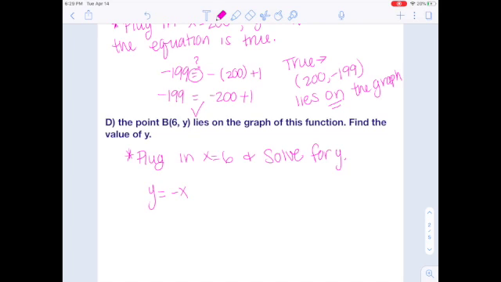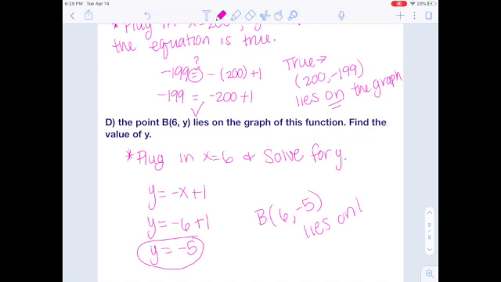In our equation, y equals negative x plus 1, plug in what you know, solve for what you don't. Negative 6 plus 1 gives you a y value of negative 5. So B, which would be the point (6, negative 5), lies on the graph.